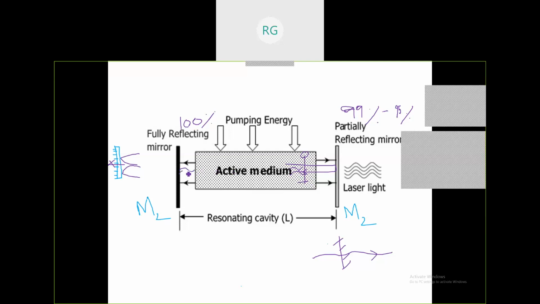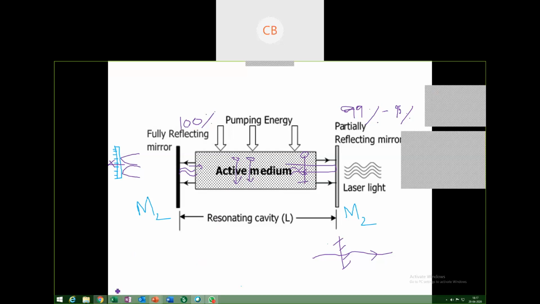These two photons take reflection, and while going they initiate two more atoms in the higher energy state. Because it is a metastable state, more atoms will be there for more time, and they will come down. While coming down, you can see that the two atoms will give rise to two more waves. Therefore, I'll get 4 rays.